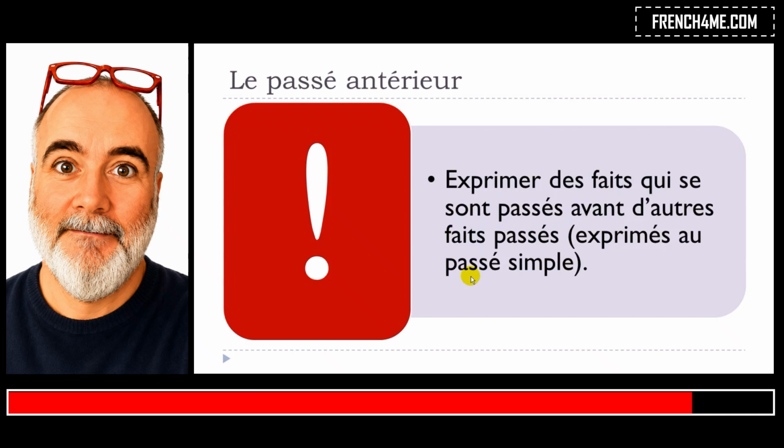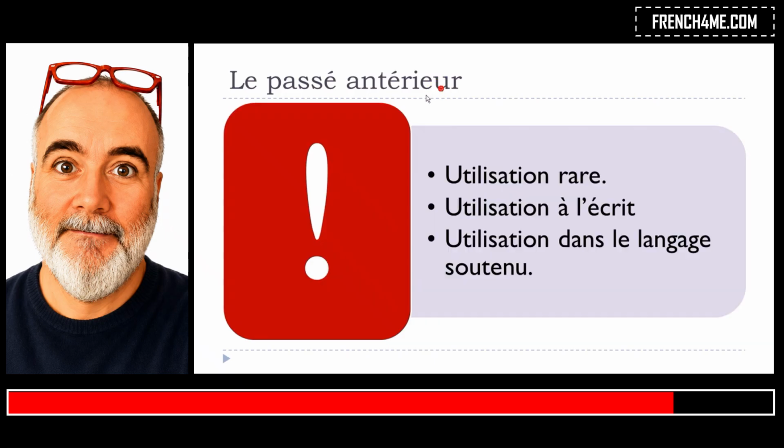So it means that if you want to use this past in the past concept orally, normally we've got a tense that I've been introducing previously, and that's what we call le plus que parfait. Okay, but then in some cases, if you want to use le passé simple, and if you want to use something that happened before, then you should definitely use le passé antérieur. Okay, so keep in mind that l'utilisation est rare, so you will use it quite rarely, maybe never, okay, but you will probably encounter a few passés antérieurs.